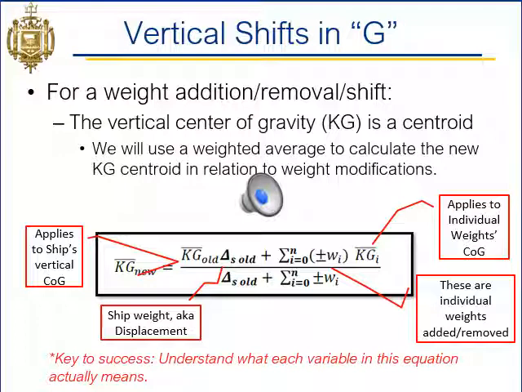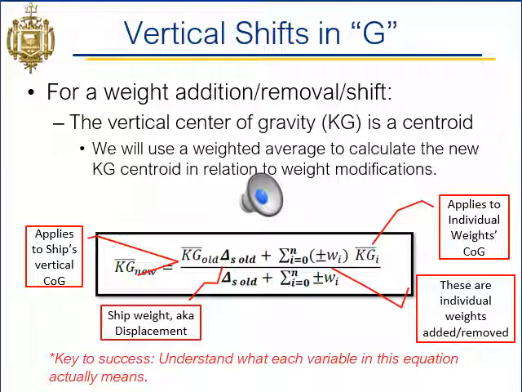That delta S old, that's the old ship displacement, so that's the weight of the ship before you added, subtracted, or shifted the weight. The next term there, that's the sum of any of the weights that you added, subtracted, or shifted times the KGI value, or the vertical center of gravity of that weight itself.